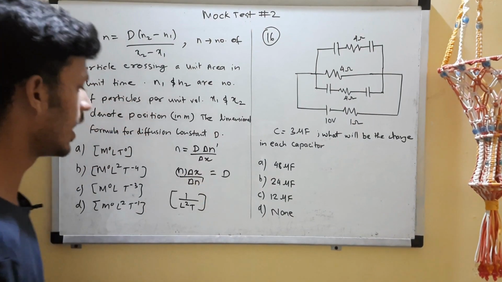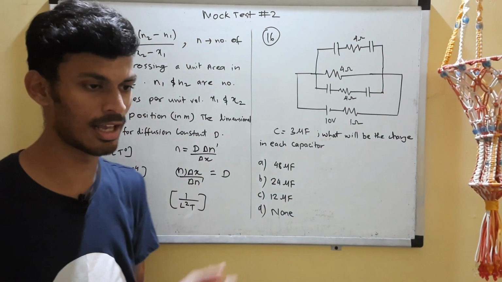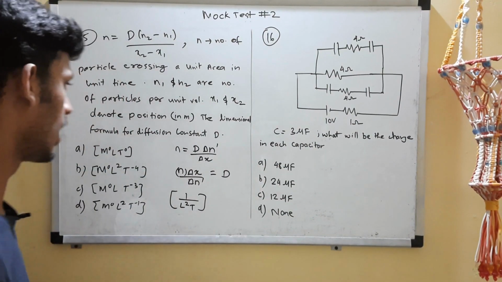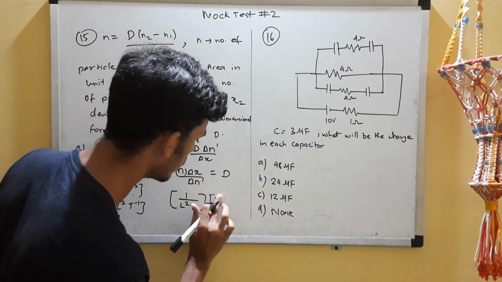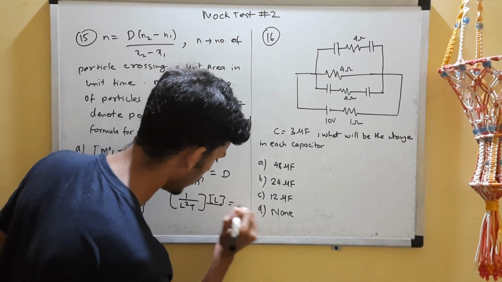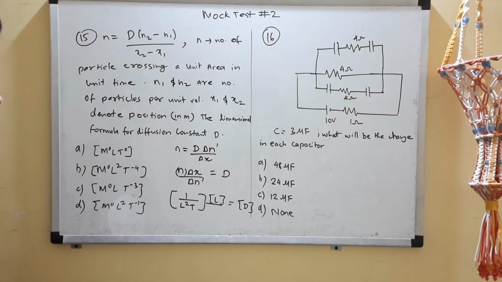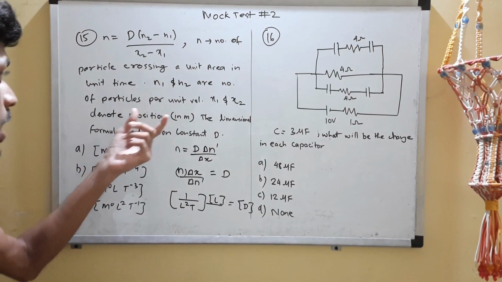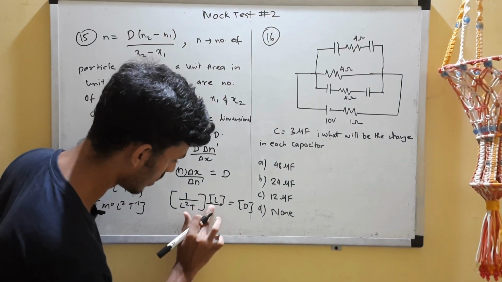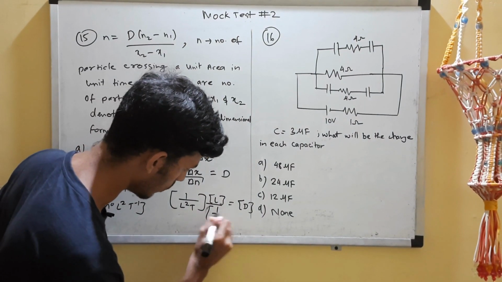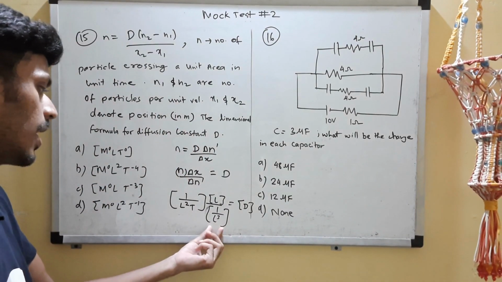Then delta x is basically the positions, x2 minus x1, something in meters, so that will be length. So delta x has the dimensional formula of length. Then delta n is the number of particles per unit volume. Number of particles is again just a number, divided by volume, so 1 by L cube.